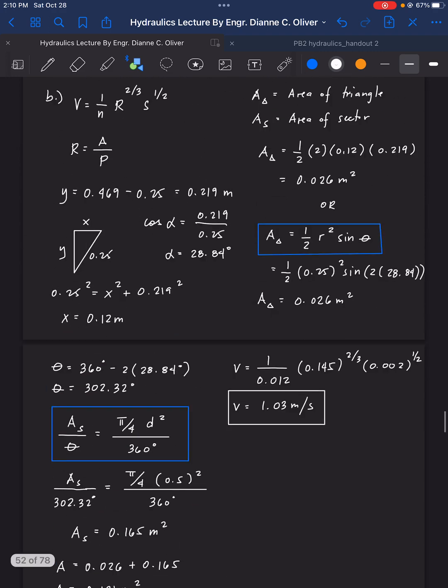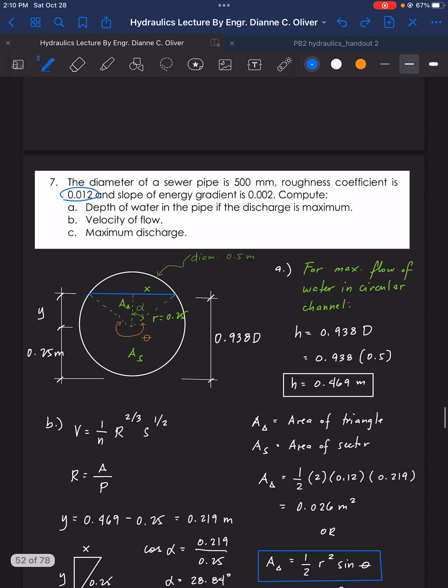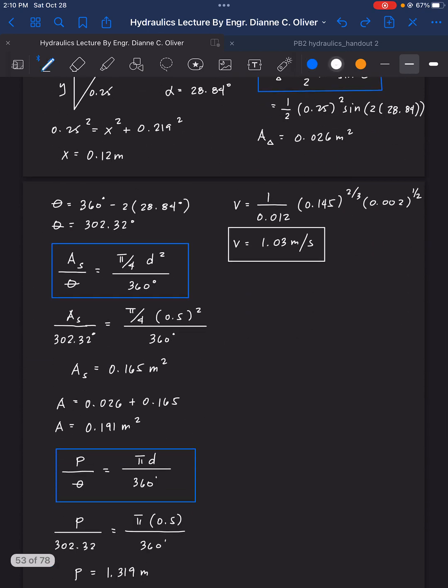So that is for the velocity of flow. Next, we need to find the maximum discharge. Since we already have our velocity of flow, for our discharge, that is Q equals A times V.